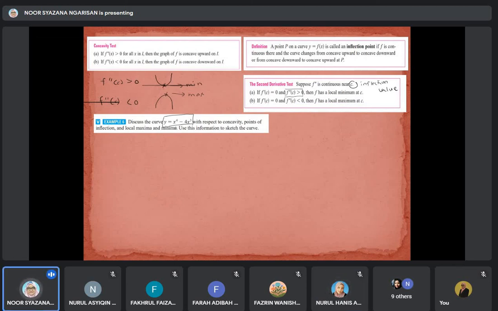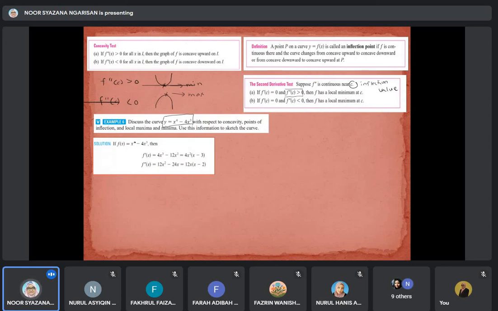Okay, very good. X power 4, positive kan? And then 4x power 3 also positive. So this is an example of a polynomial function. Discuss with respect to concavity, points of inflection and local maxima and minima. Use this information to sketch the curve.